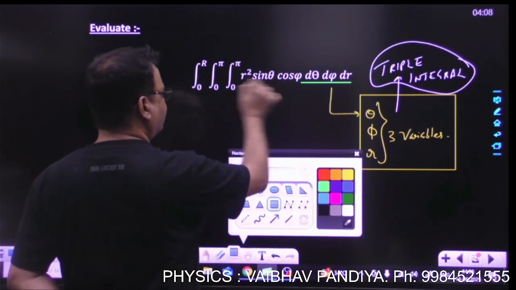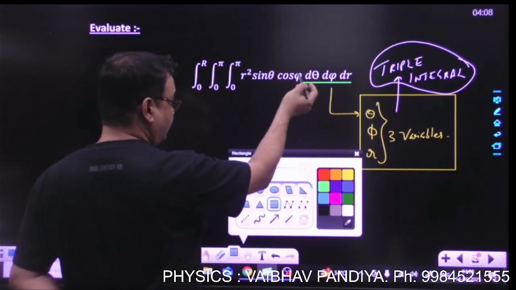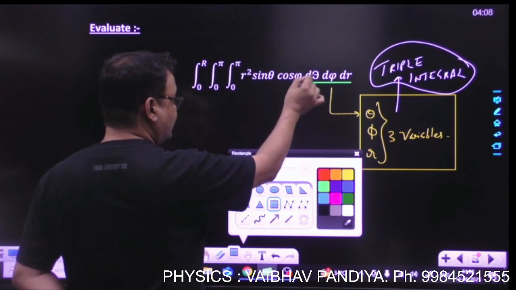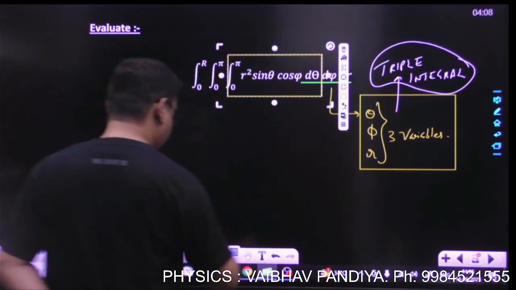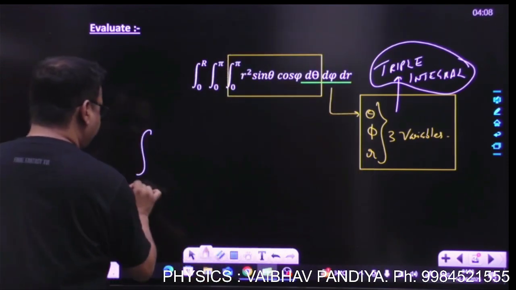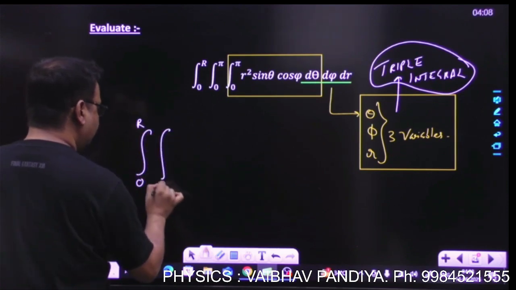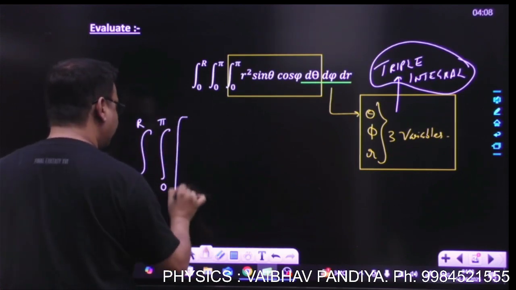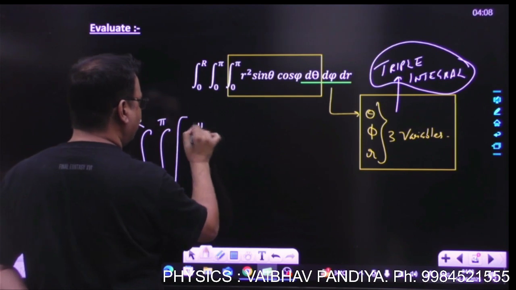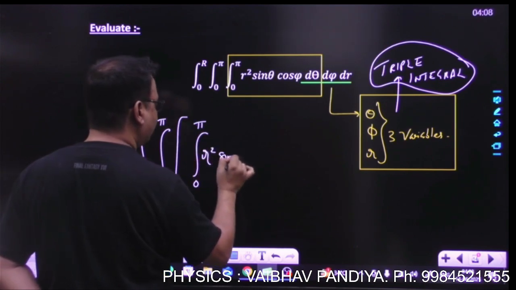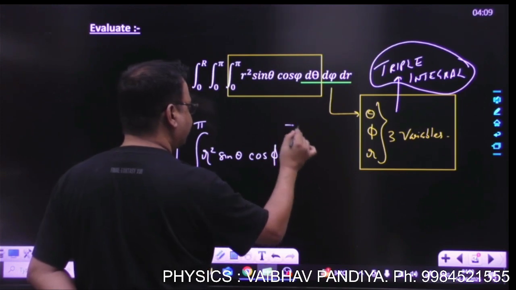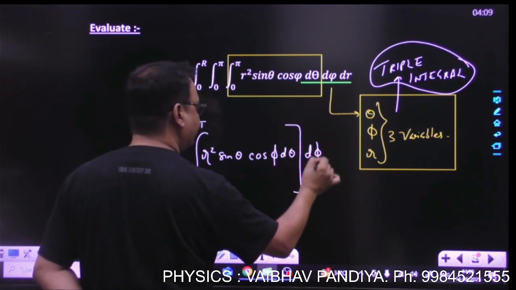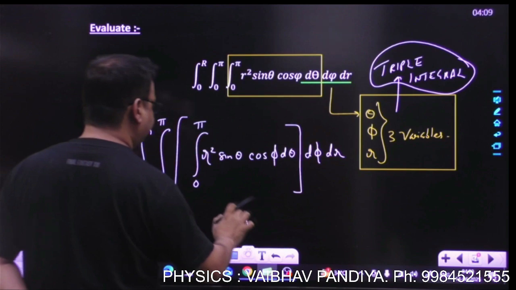I told you, you will start with the innermost integral. So this is the innermost integral, and when you are doing the innermost integral, you will take the first variable of integration, that is the first element, d theta. So I can write it like 0 to R, 0 to pi, bracket, 0 to pi, r square sine theta cos phi d theta, bracket close, d phi dr. See the way of writing.